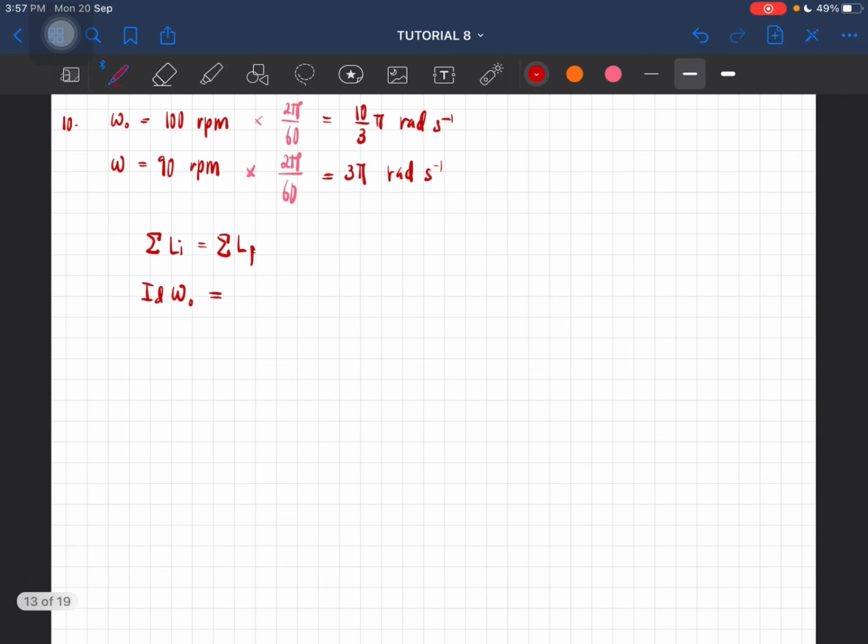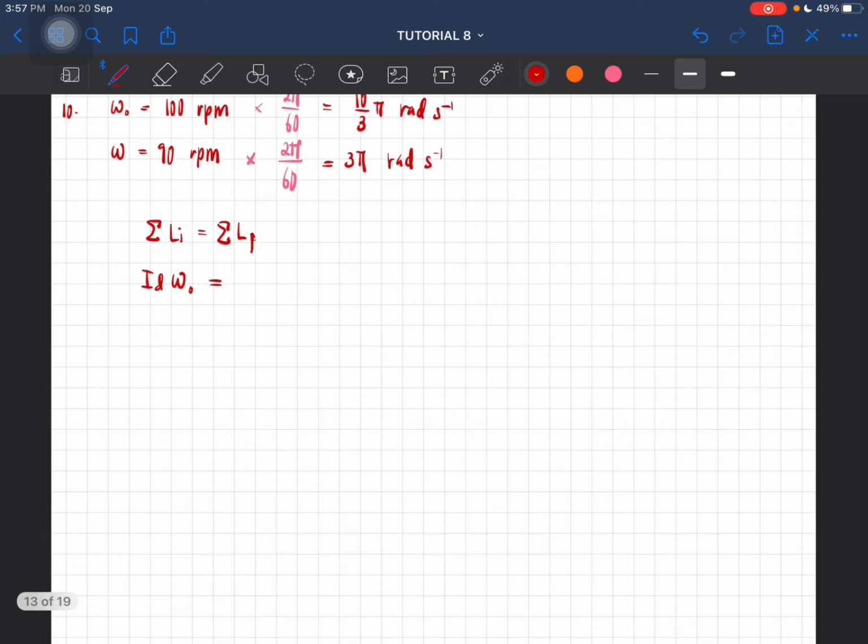So when it is dropped onto the disk, we will have another particle whose moment of inertia we have to consider. It will have the same final velocity, but we have to consider the moment of inertia. So it's going to be the disk plus the particle. Okay, so that is the after.